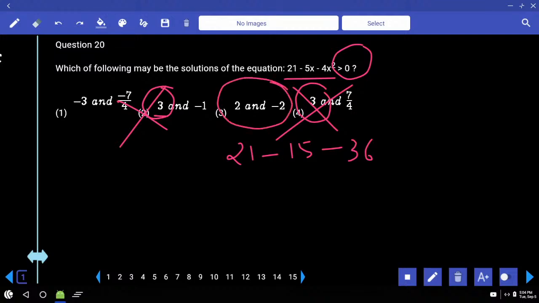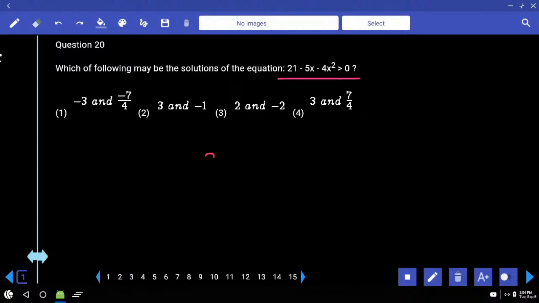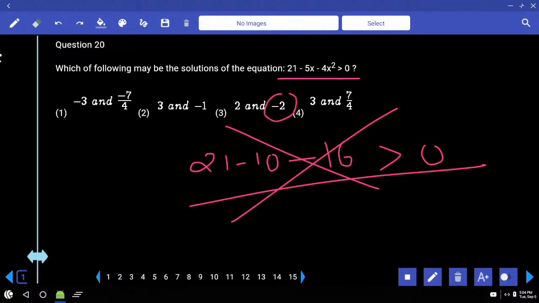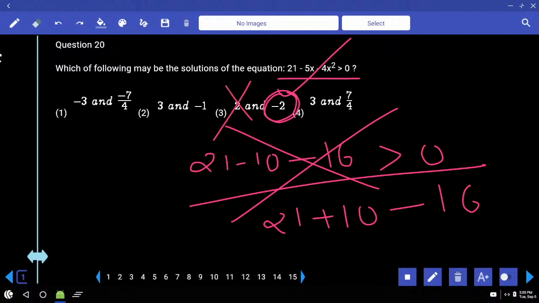So the final answer should be 2 and minus 2. Put 2: 21 minus 10 minus 16 greater than 0, he said, so that is wrong. Put minus 2, plus 10 minus 16. So here minus 2 will satisfy, but 2 cannot satisfy. This is also wrong, actually. Both values must satisfy. Minus 2 is satisfying, but 2 is not satisfying. Does it satisfy? No.